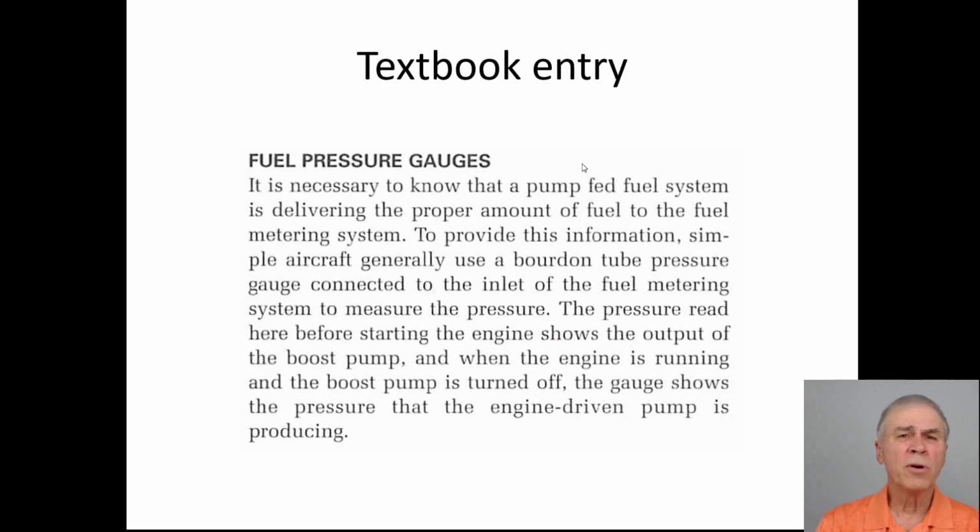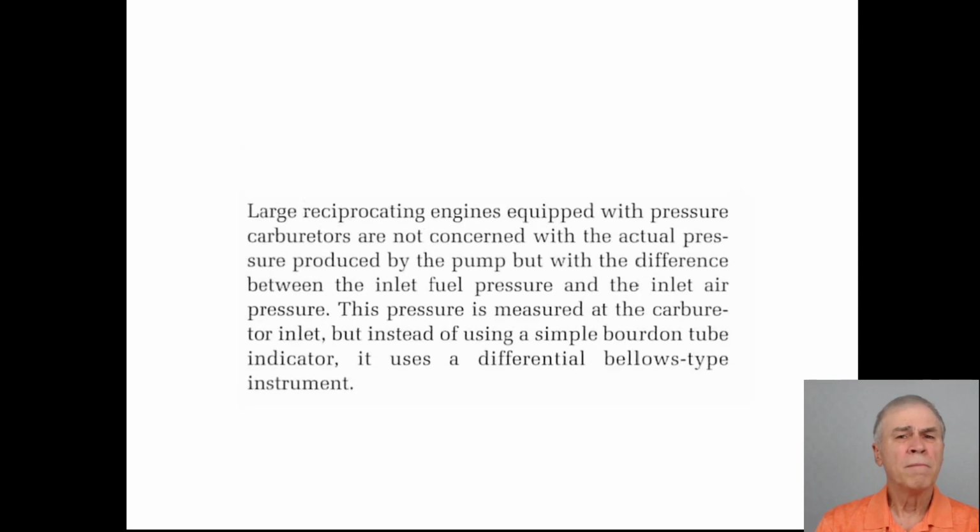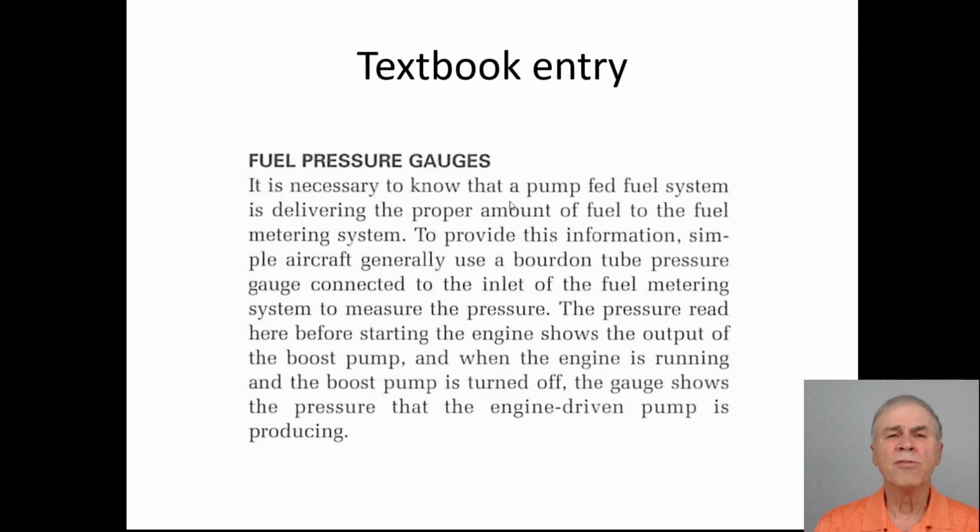Something from the textbook. You can actually find this in a reading that we had for fuel quantity indicators. There was a little section on fuel pressure gauges and even a paragraph on fuel temperature gauges.